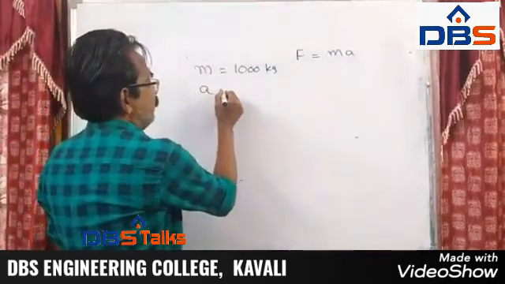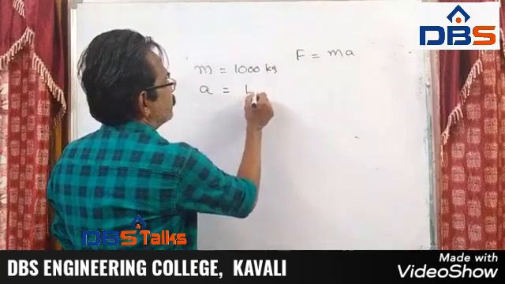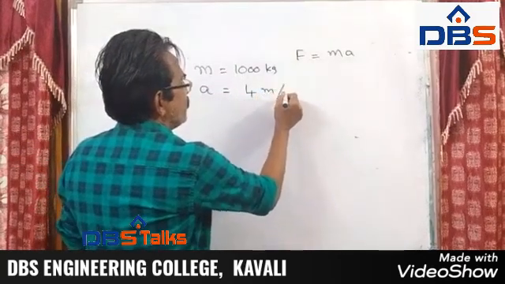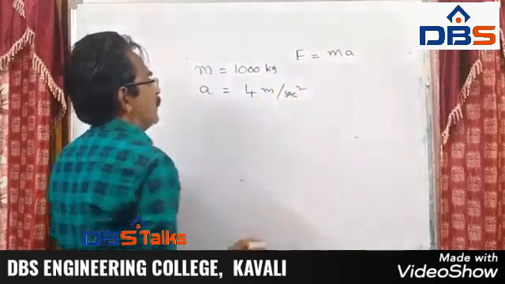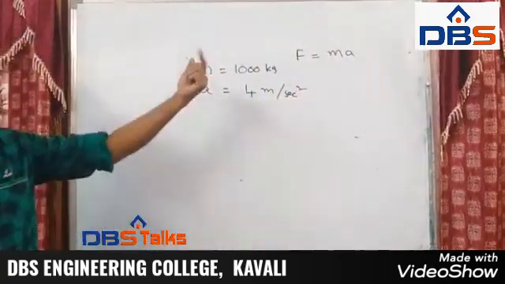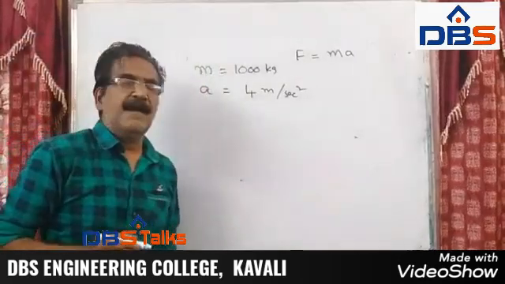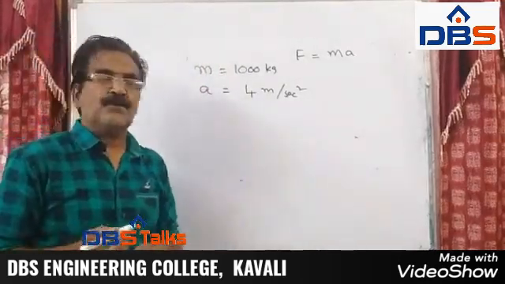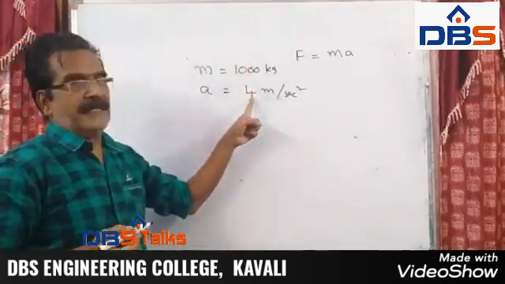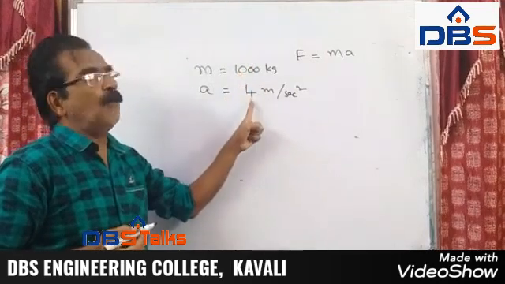So a is given, friends. So m is directly given and a is given, F is equal to ma. 1000 into 4.